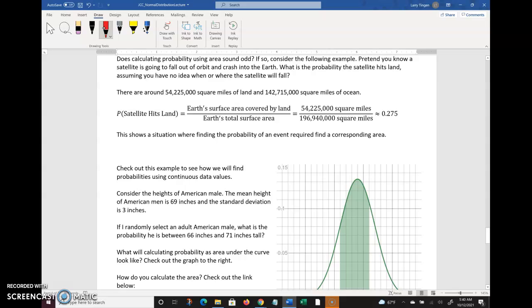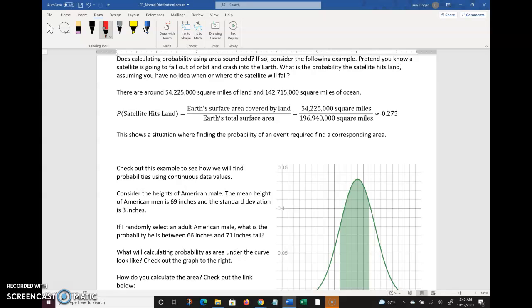What if I told you that there is a satellite crashing to Earth, and it's definitely going to hit Earth, but we don't know where or when. And I want to find the probability that it hits land. Well, for the probability it hits land, I need the total area of the surface of the Earth covered by land, and the total area of the surface of the Earth.